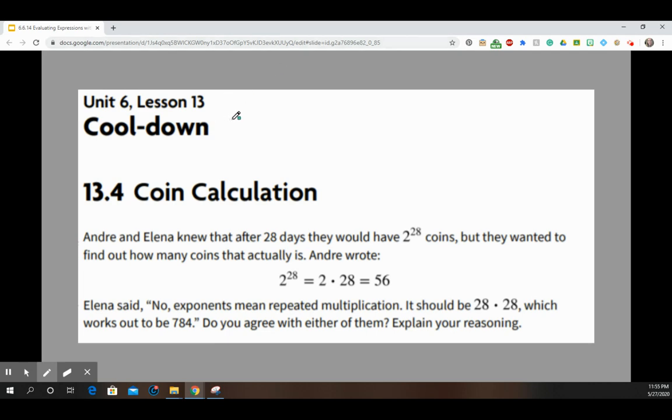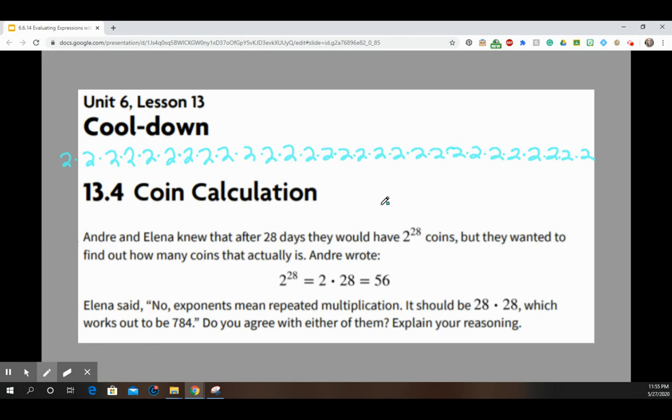Some of you guys even wrote this out, which is awesome. 2 times 2 times 2, let me actually start earlier, counting each 2 as I write them: 2, 3, 4, 5, 6, 7, 8, 9, 10, 11, 12, 13, 14, 15, 16, 17, 18, 19, 20, 21, 22, 23, 24, 25, 26, 27, 28.